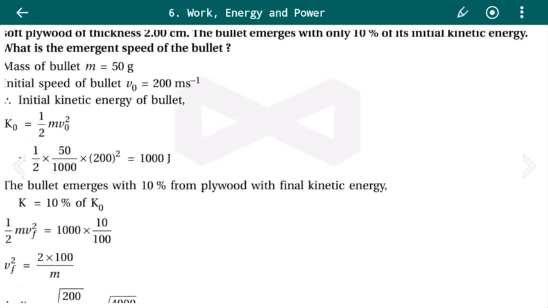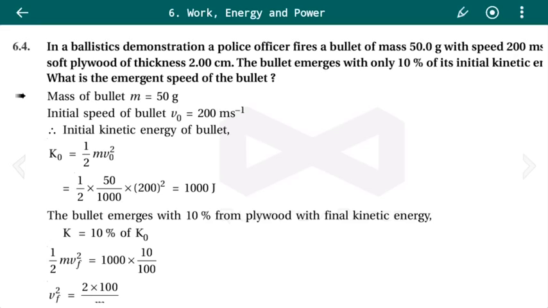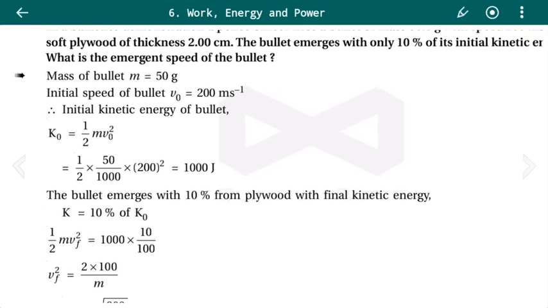So in this data, what is given is the mass of the bullet, that is 50 gram, initial speed of the bullet v0 equals 200 meter per second, and initial kinetic energy of the bullet, that is K equals half m v0 square, that is half into 50 upon 1000 into 200 square.